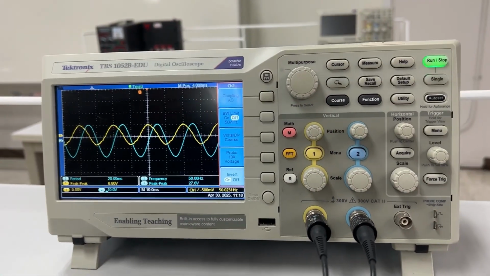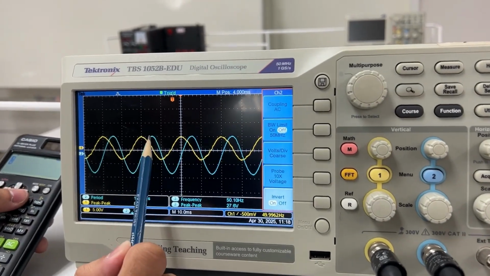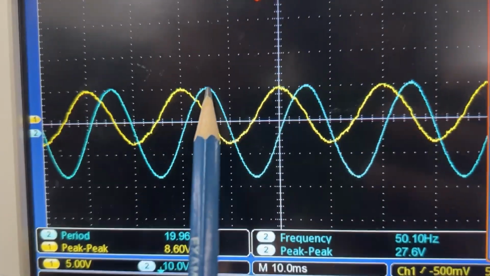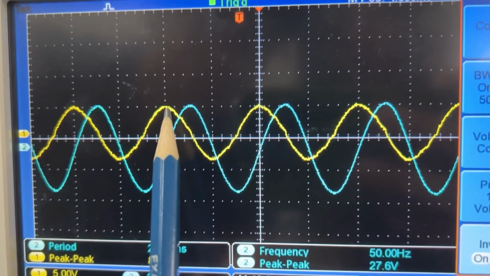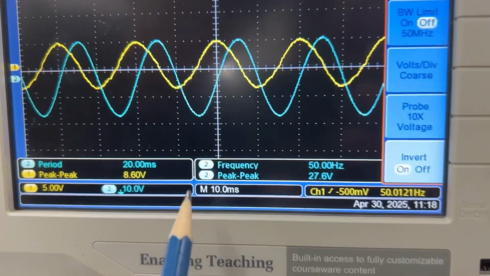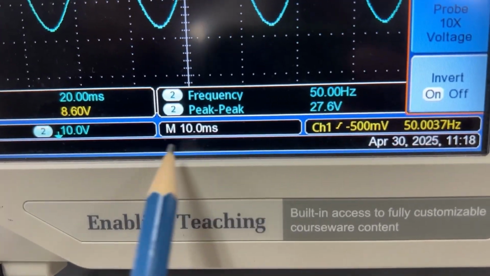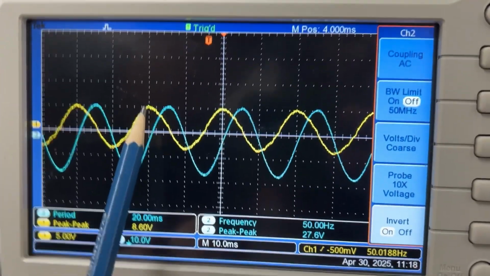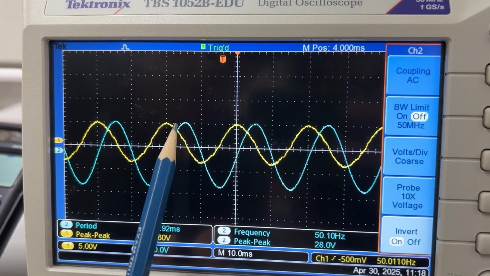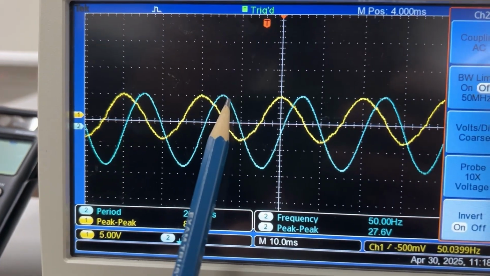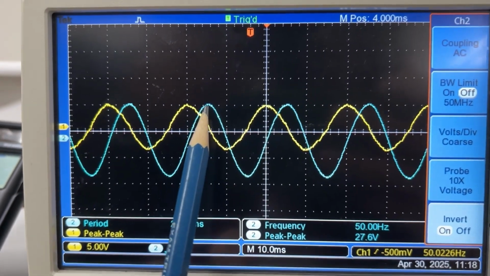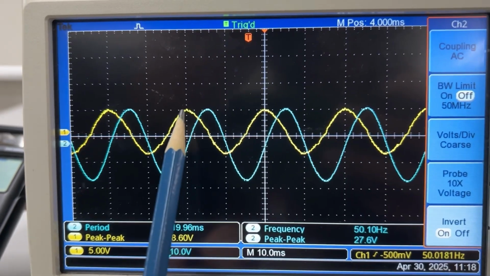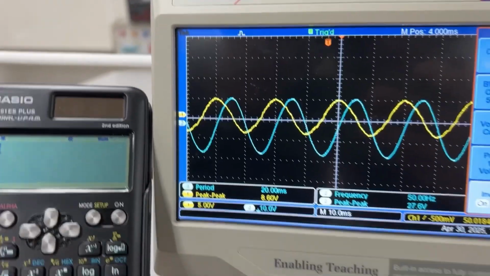And for the phase shift, you observe right here. And this is 10. So 10, 12, 14. This is a little bit over 14. So this should be 15. So we have 15.